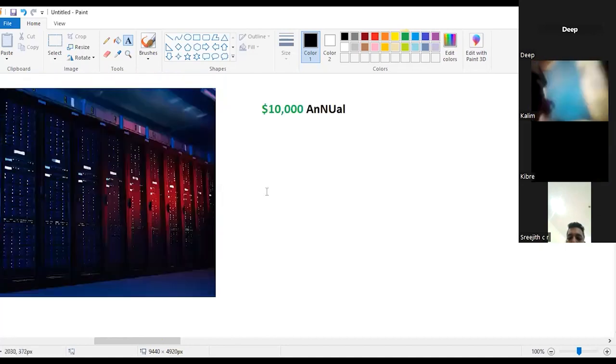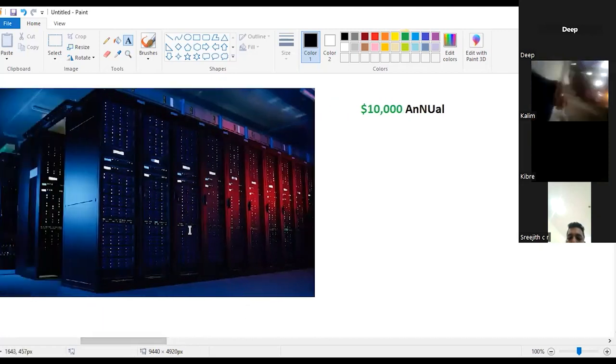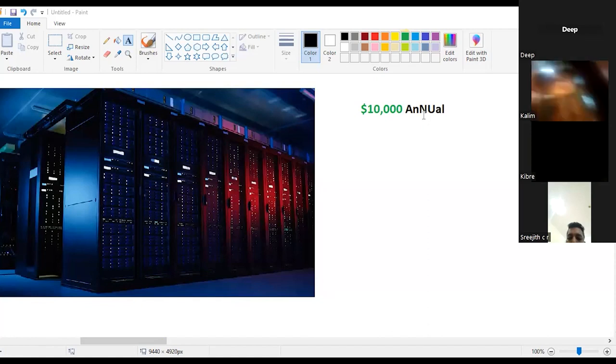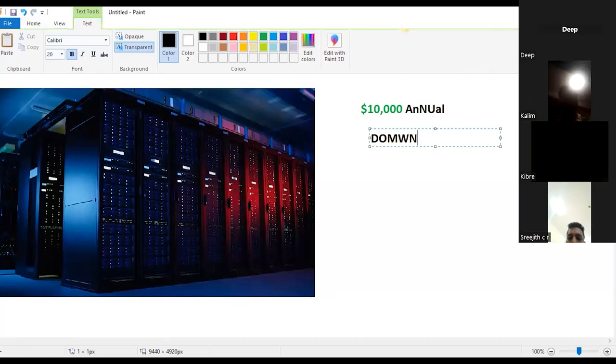For example, there is an organization that has a server generating $10,000 annually as revenue. Let's just say there is an unexpected failure, and because of that we are facing downtime of 3 hours.